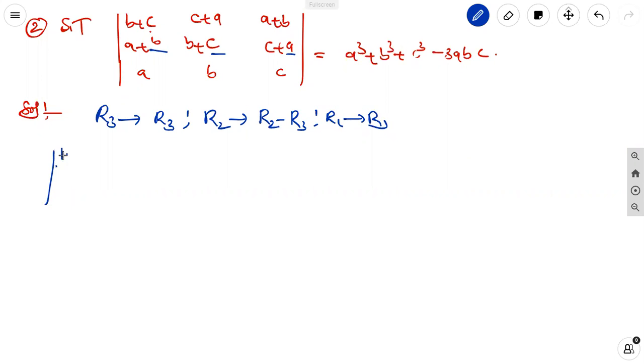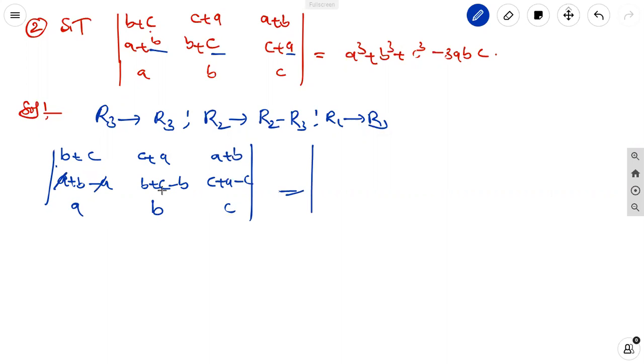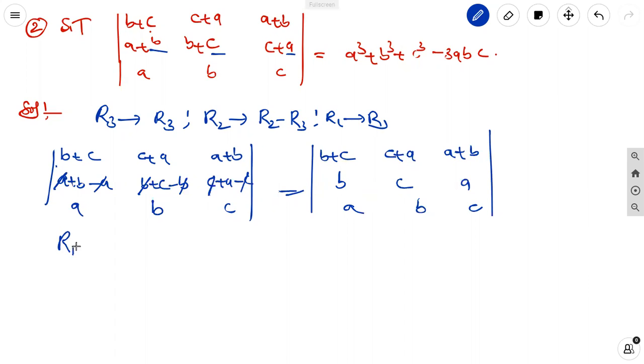That is the determinant: B plus C, C plus A, A plus B, A, B, C. It is equal to the determinant where A cancels, B cancels, C cancels: B plus C, C plus A, A plus B, C, A, B. Again, R1 is R1 minus R2.